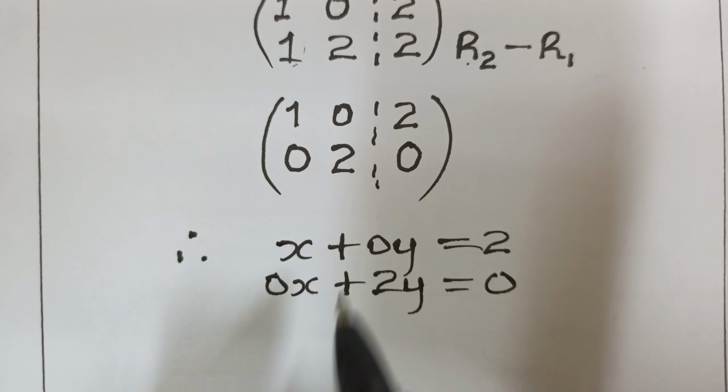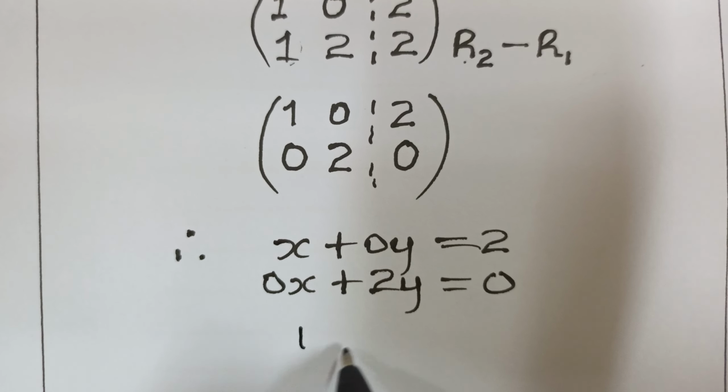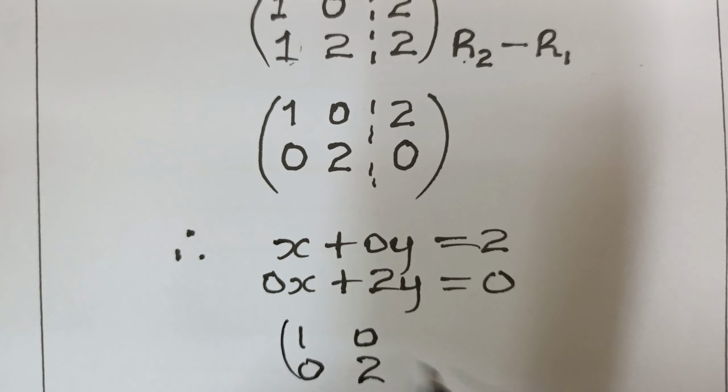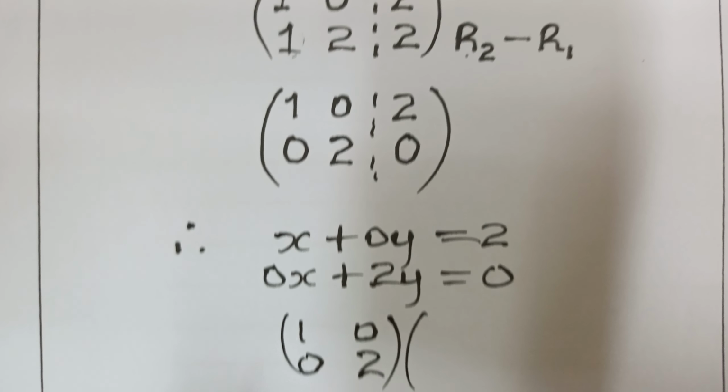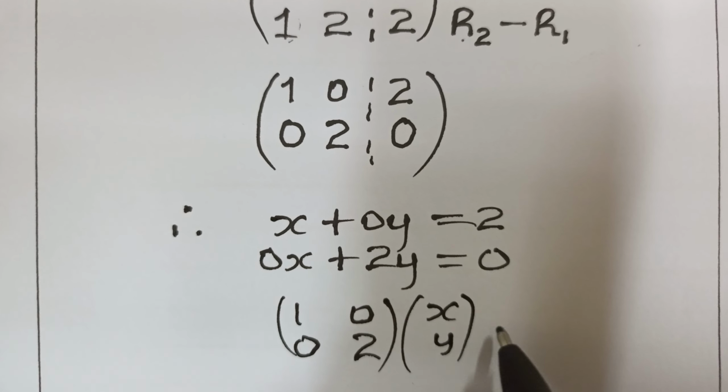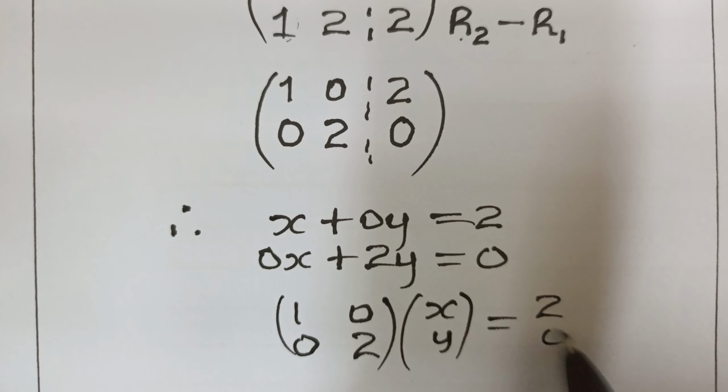So this can now be written as 1 0 0 2, then here we have x y, and lastly here we have 2 0.